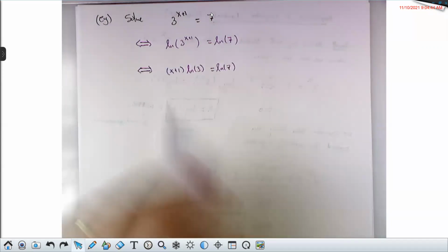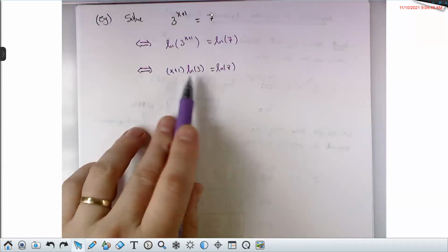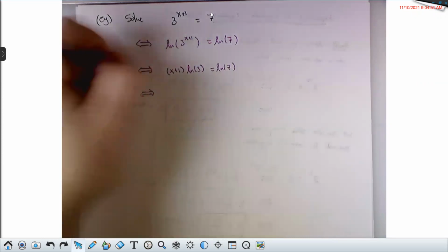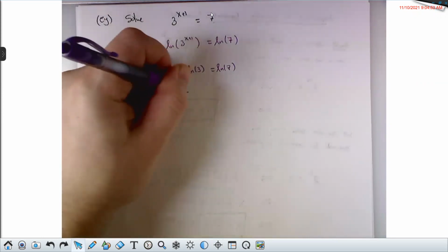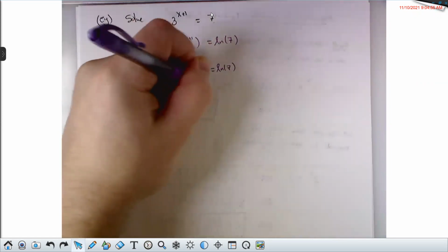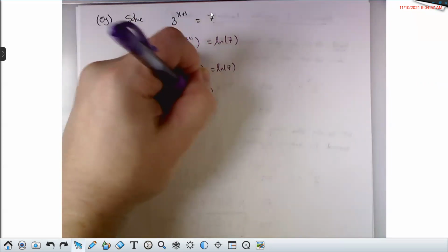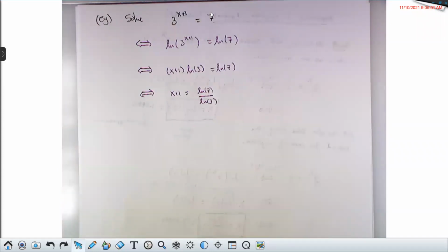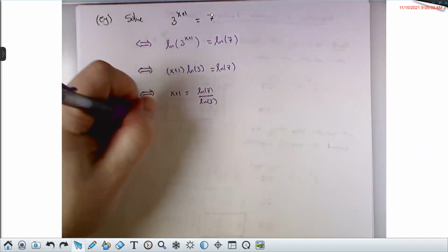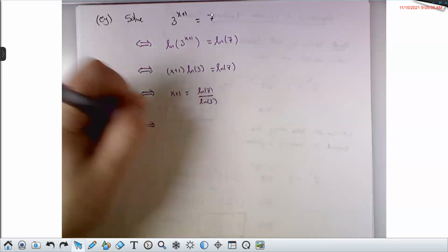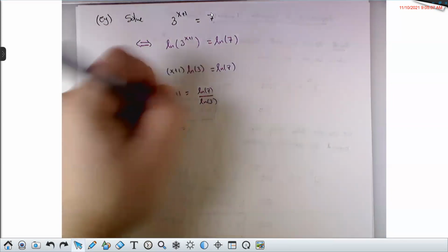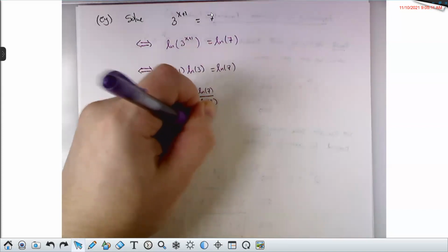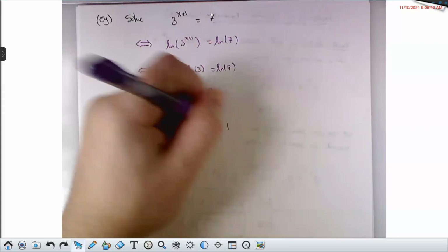If I want to get x alone, I can divide both sides by the natural log of 3, giving me x plus 1 equals ln of 7 over the ln of 3, which means that x itself is ln 7 over ln 3 minus 1.